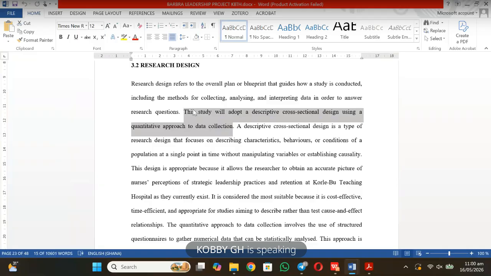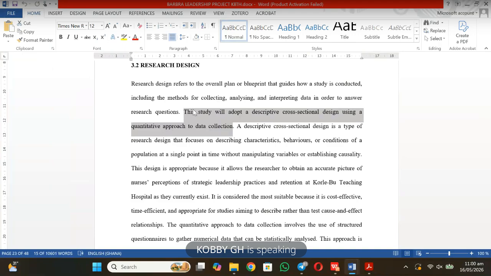And all the time, this is how you construct the sentence. So the moment you decide to do a quantitative study, when you get here, the second sentence, this is what you write. This study would employ descriptive cross-sectional design using quantitative approach to data collection. What if you are going to do qualitative studies?